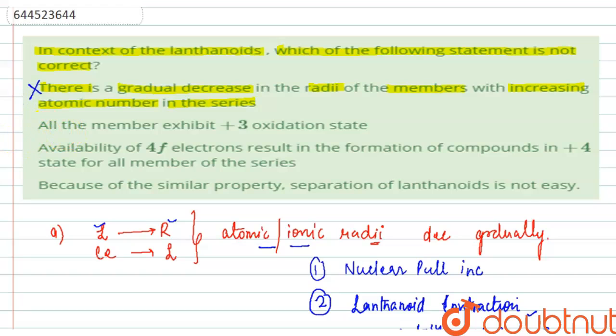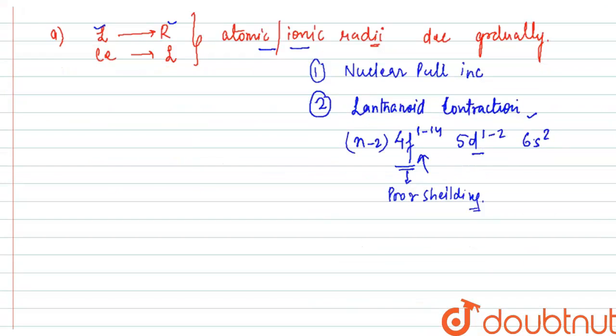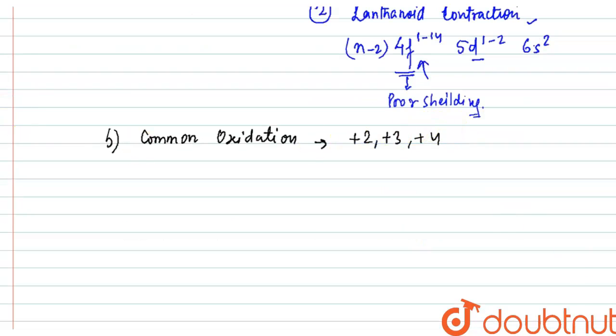Moving on, the next one says that all the members exhibit +3 oxidation state. In the lanthanoid series, as we all know, the most common oxidation state is +3. It shows +2, +3 and +4 oxidation states, but the most common is the +3 oxidation state.